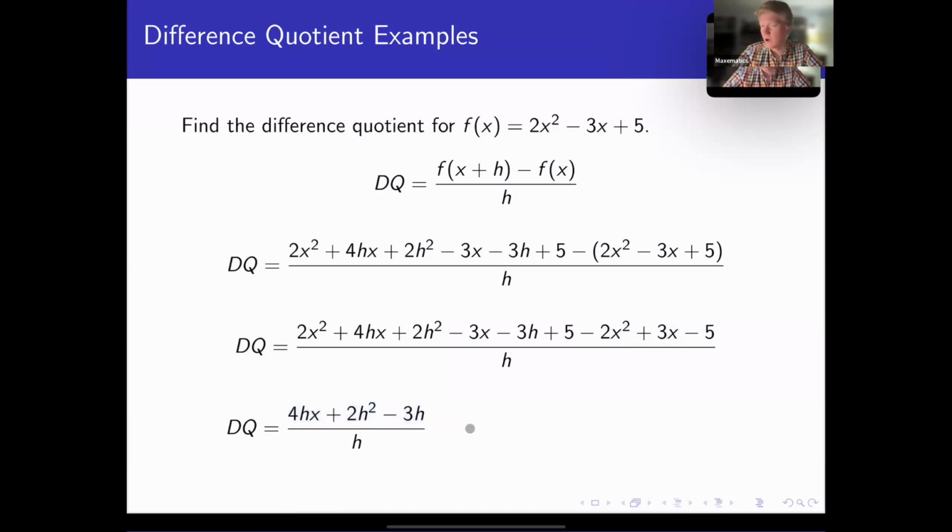Now, we're almost there, but notice this. Every term in the numerator has an h. So let's factor out h. And if we have h times something divided by h, we can cancel those h's out. And we're left with just 4x plus 2h minus 3.